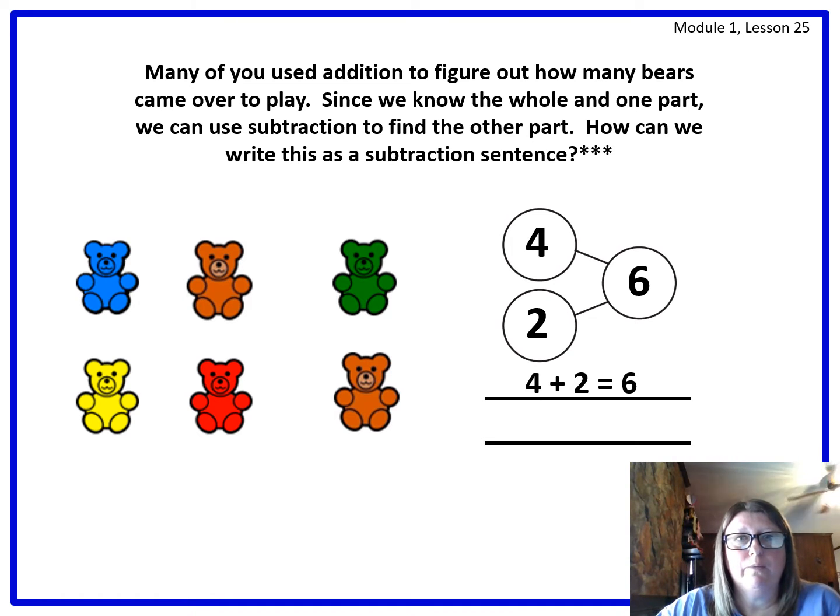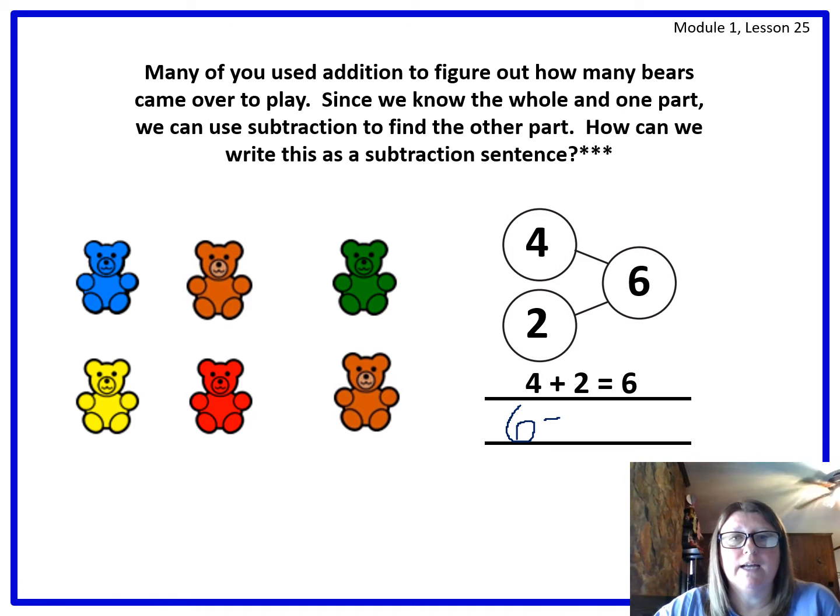So how could we write a subtraction sentence? Well, when writing a subtraction sentence, you always start with the bigger number first. So looking at these 3 numbers, the bigger number is 6. So I'm going to put 6 here. And the minus sign is just a straight line like that.